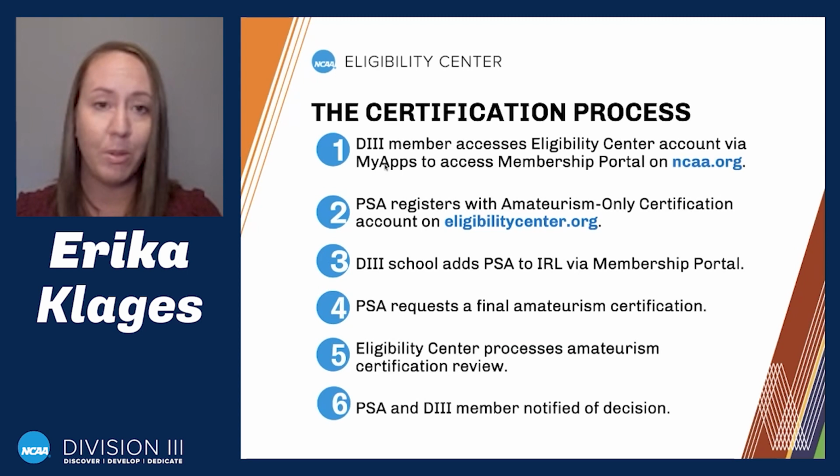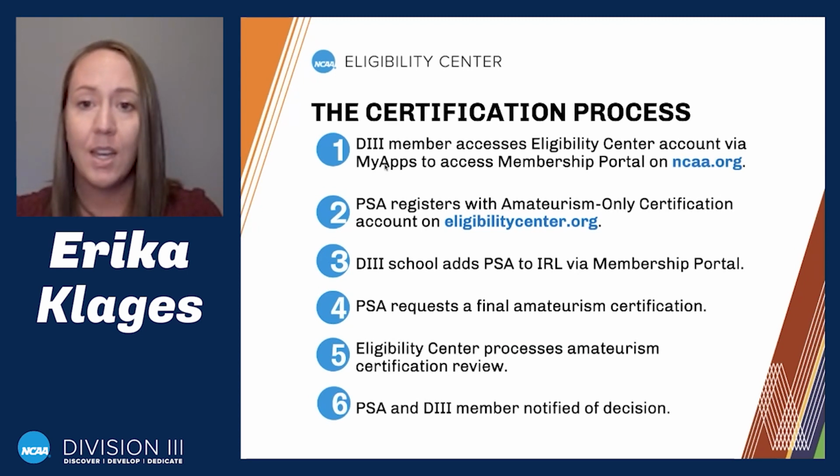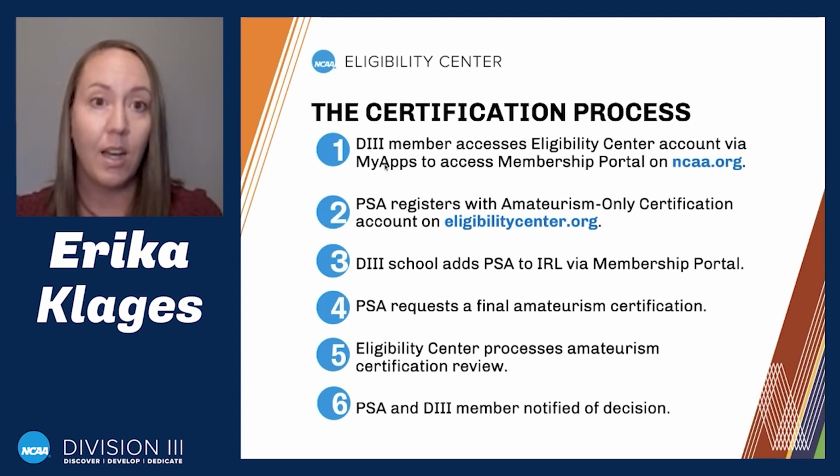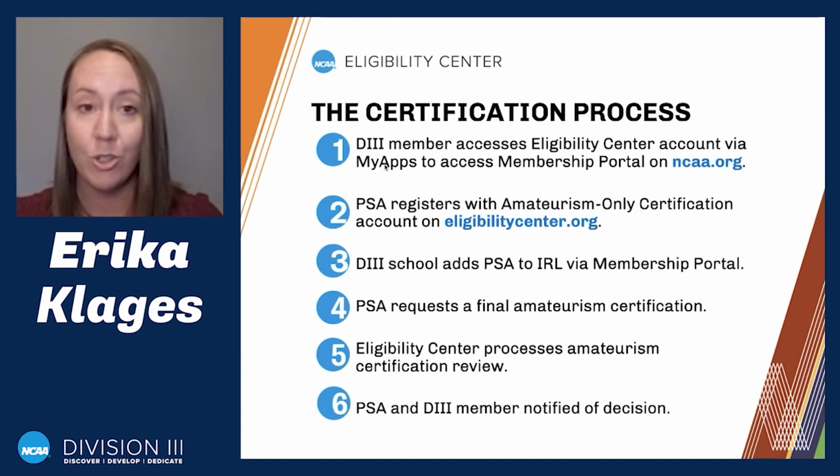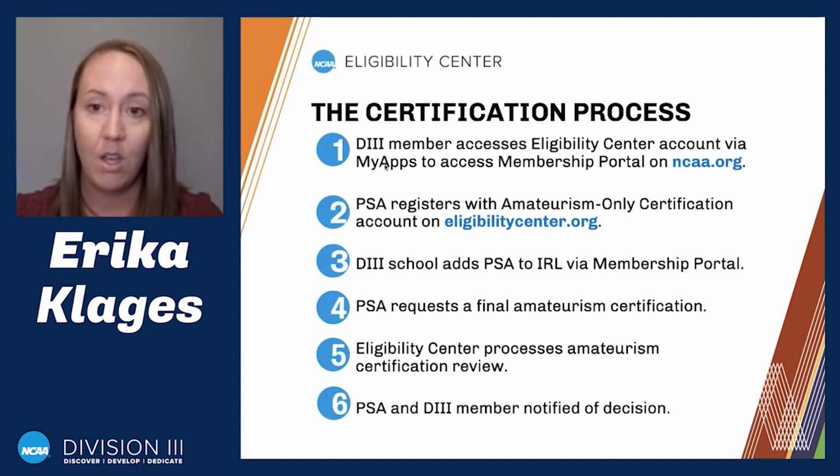At the same time or beforehand, afterwards, whatever, the PSA would register with an amateurism only certification account in eligibilitycenter.org. If they already have an academic and amateurism certification account type, we can work with that. So they do not need to register for a second account if they already have a certification account.